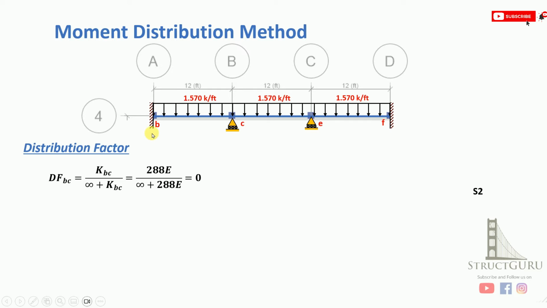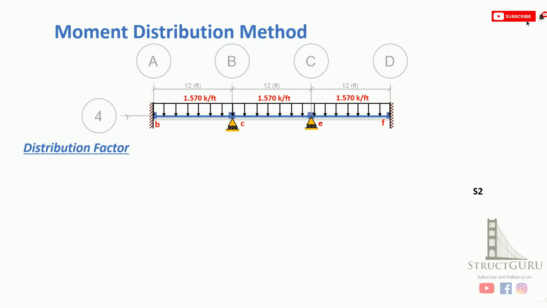But theoretically, a fixed support has 0 rotation. So the amount of force required to rotate this joint by 1 radian will be infinity, because you cannot rotate this joint. So that is why the infinity is written, and this will give you a distribution factor of 0. If there was a pin joint, then this would have been 1.